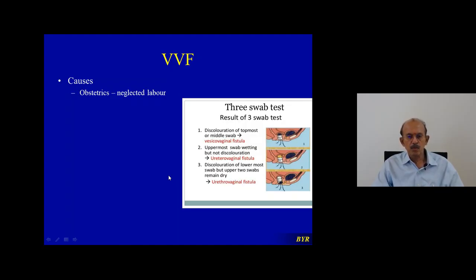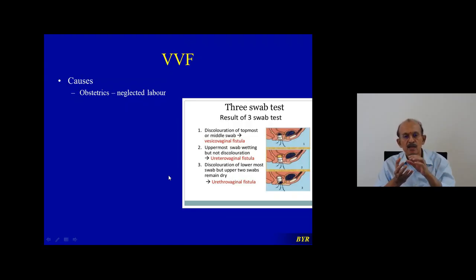I hope you know that the uterus and vagina are situated posterior to the urinary bladder. During labor, when there is cephalopelvic disproportion, when the head of the fetus is large and there is difficult labor, the lower segment of the uterus will now have the head of the fetus, and the uterus is squeezing it down.